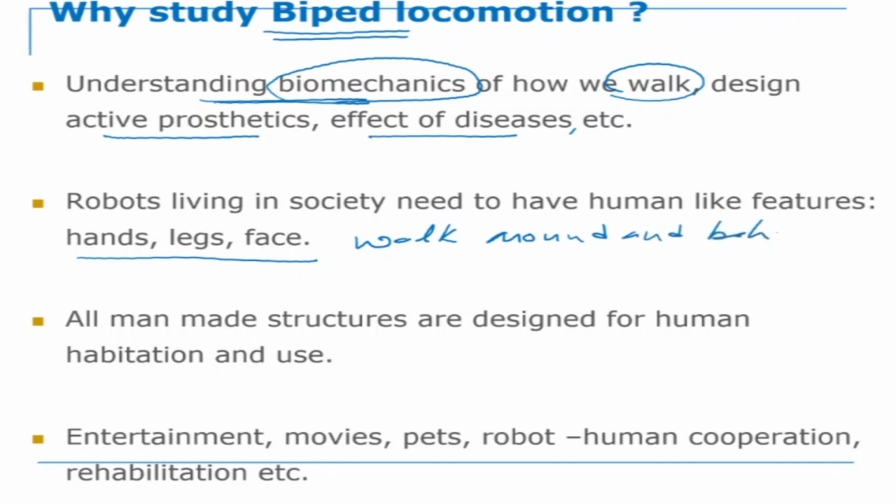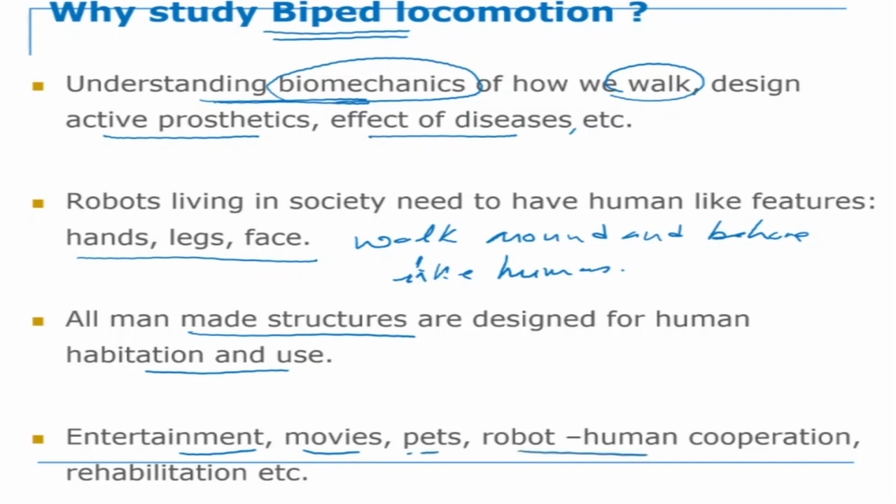All man-made structures are designed for human locomotion, and hence robots which have legs should also be able to walk around. Now there is a lot of requirement and application in entertainment, movies, pets. There are a lot of science fiction movies like Star Wars, where they use robots which can walk around.